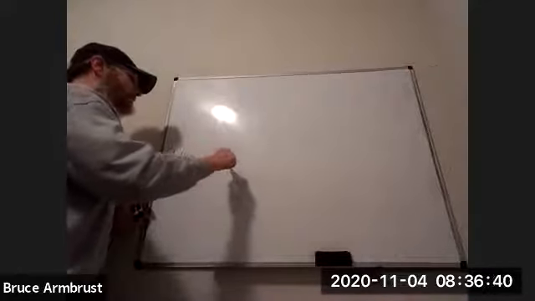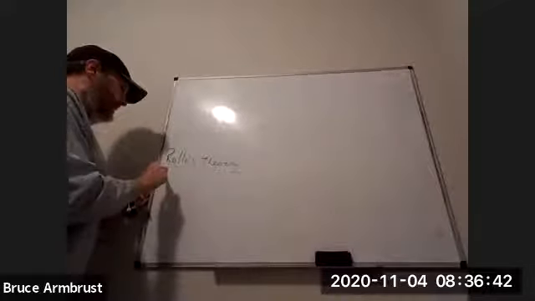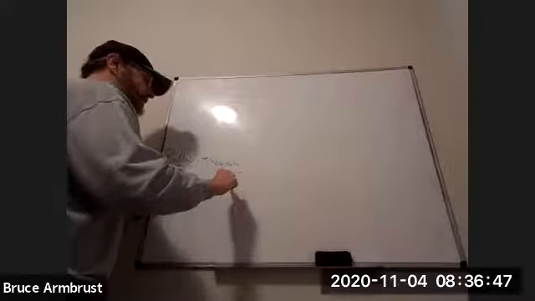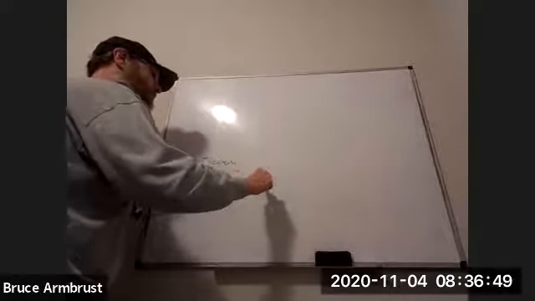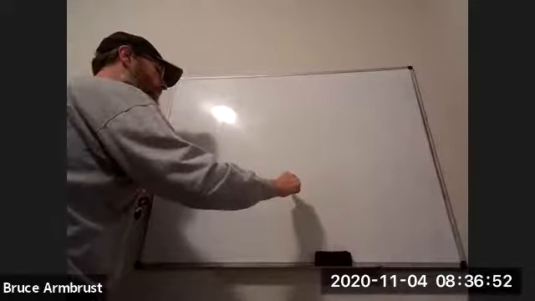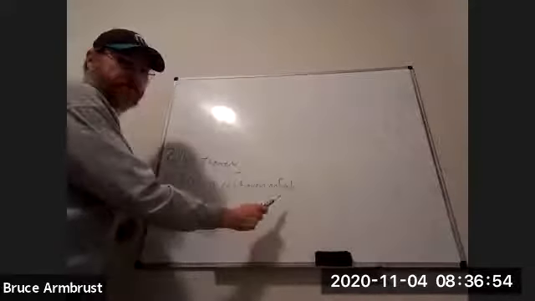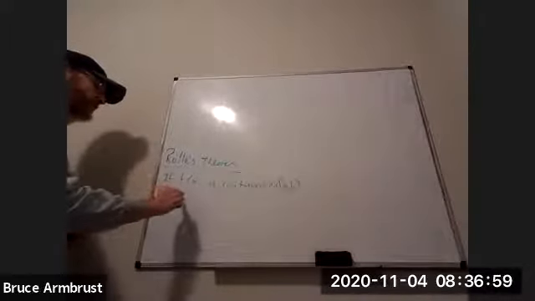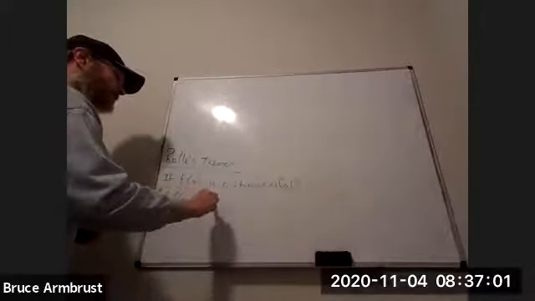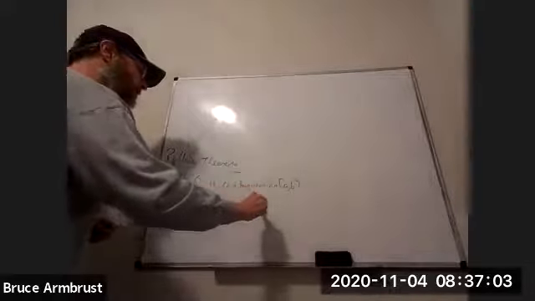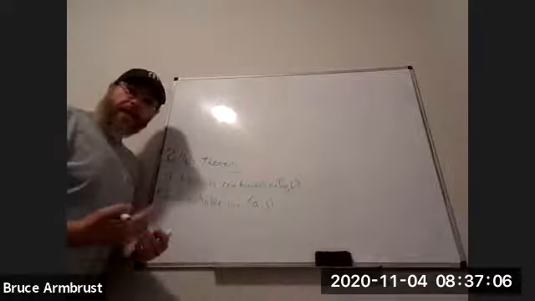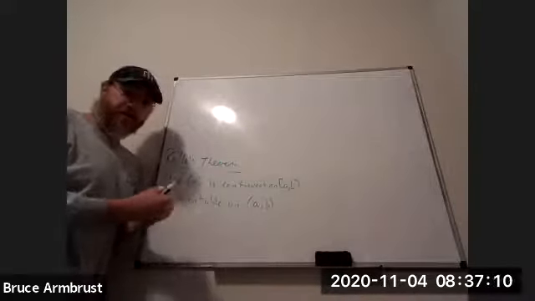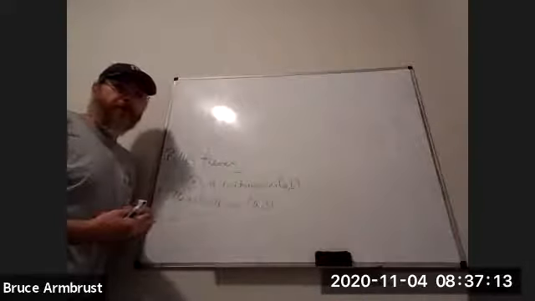It says that if we have a function that is continuous on a closed interval, so an interval that includes the endpoints, and differentiable on the open interval. So it doesn't actually have to be differentiable at the outsides, okay?